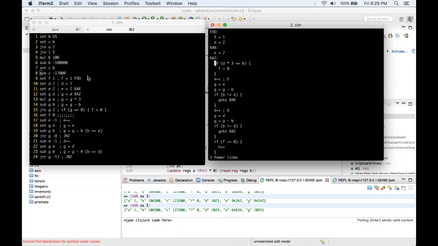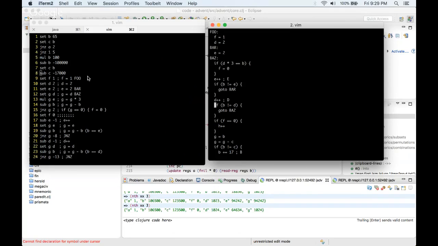Okay. Yeah, G is, I'm pretty sure, just used as a temporary variable here. So I'm going to clean this code up a little bit. Similarly here, okay, the structure is starting to fall into place.